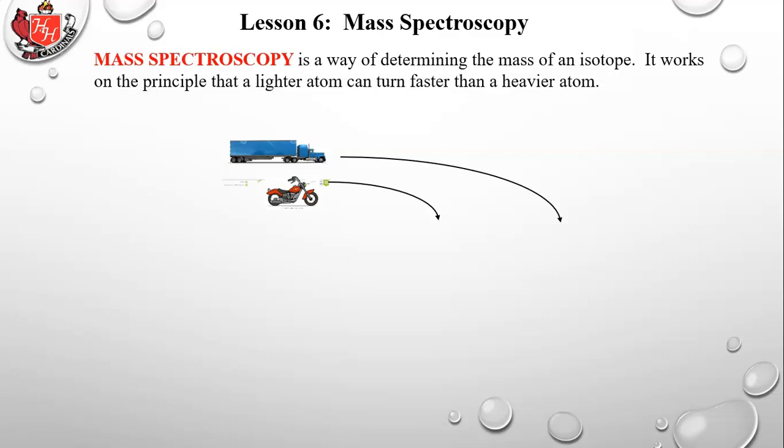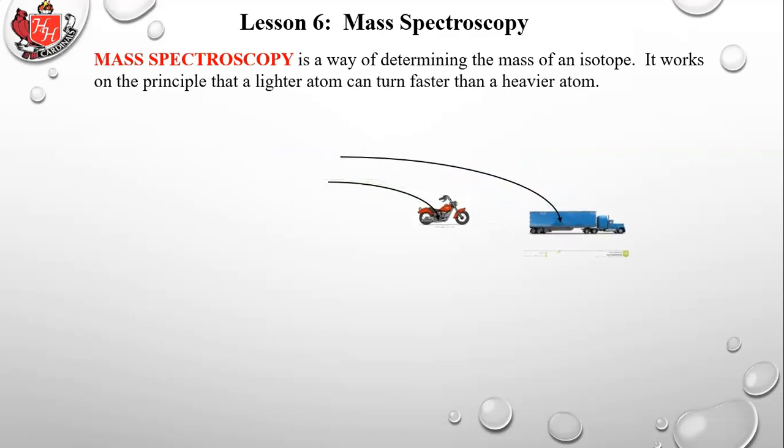So mass spectroscopy is a way of determining the mass of an isotope. So remember, isotopes are the same element, but one of them is heavier than the other because it has more neutrons. The other one is lighter because it has fewer neutrons, but they're the same element. And it works on the principle that a lighter atom can turn faster than a heavier one.